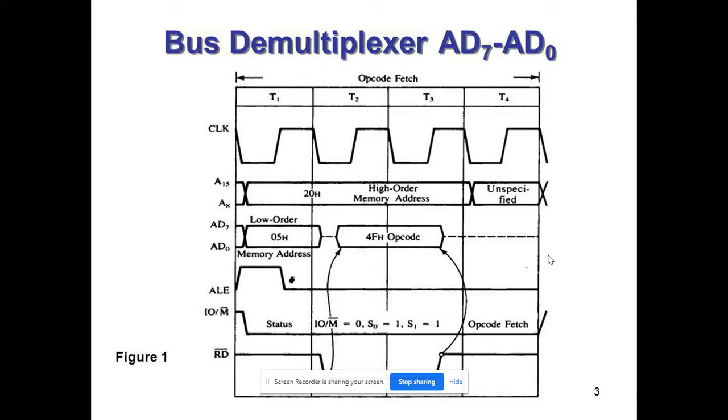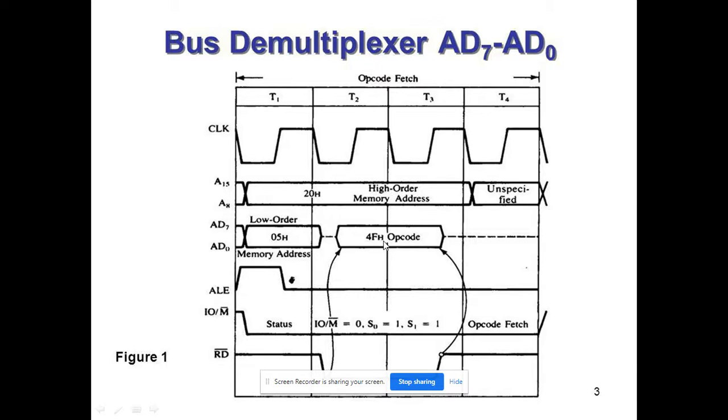This is how the address and data bus are differentiated or demultiplexed. If we don't demultiplex the address and data bus, then what happens? For example, suppose there is an address of 2005H in the program counter, and the next data is 4F.